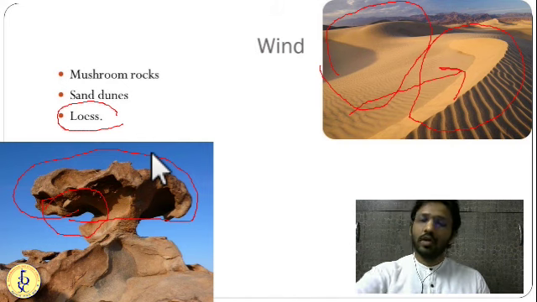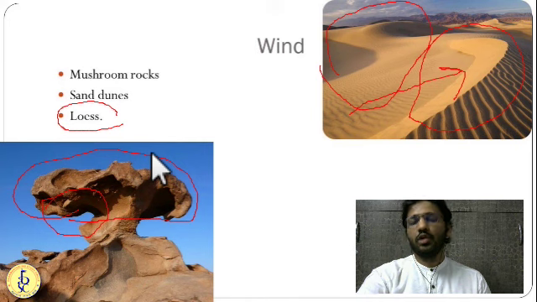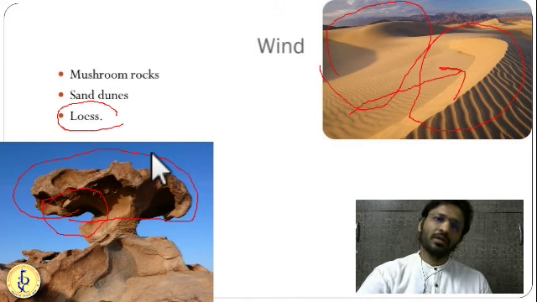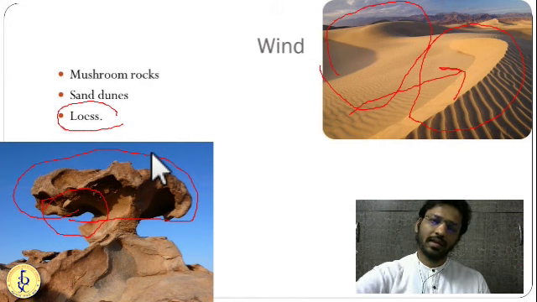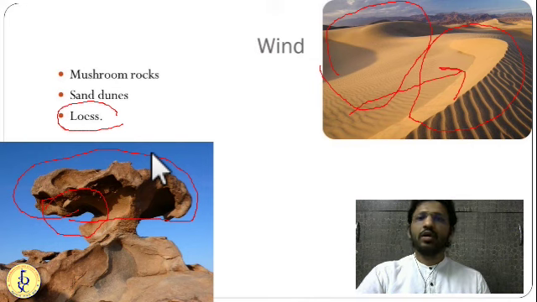Erosion is done by four agents. Which are those responsible for the erosion? You have water, you have ice, and the third thing is, yes, what is the third thing? Wind. Okay. So water, ice, wind and sea waves. These are the four things which are responsible for the erosion. So I hope you guys have understood this chapter.